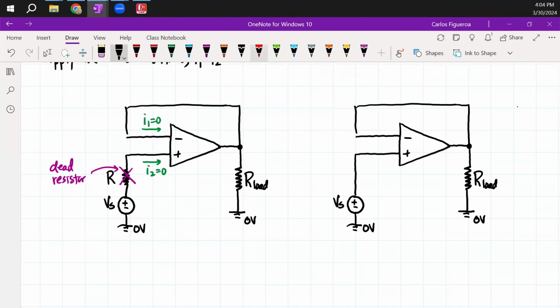So now if I start highlighting these nodes, one thing that you'll see is that this positive node is what we call V2. And then I have this other node up here, which these two voltages must be the same.